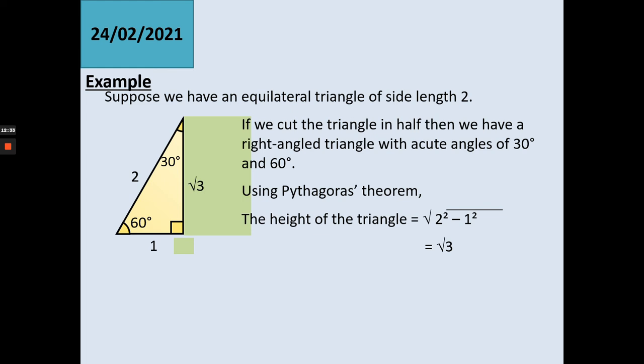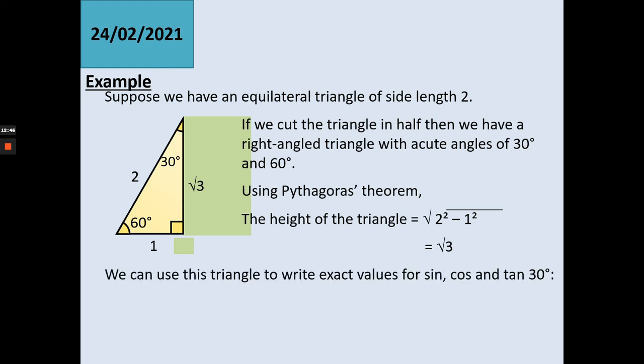So we've now got, we know the 3 angles and we know the 3 sides of this particular triangle. And we can use that to find the sine, the cosine and the tan of 30, and the sine, the cosine and the tan of 60, okay? And hopefully you'll spot something interesting happening. So let's have a look at the sine of 30. So sine is opposite over hypotenuse. So opposite is 1 over 2. So that's a half.